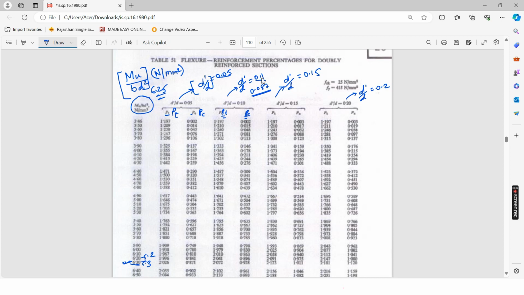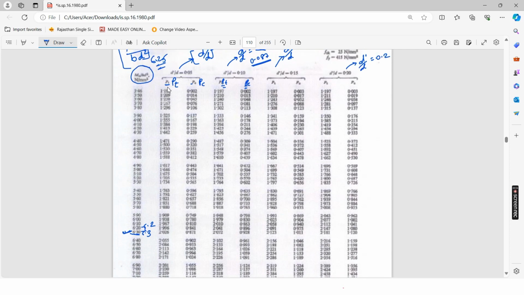First of all you have to take the value of PT. So PT for 6.3 is 2.026, not 2.016, this is 2.026, and PC is 0.871.